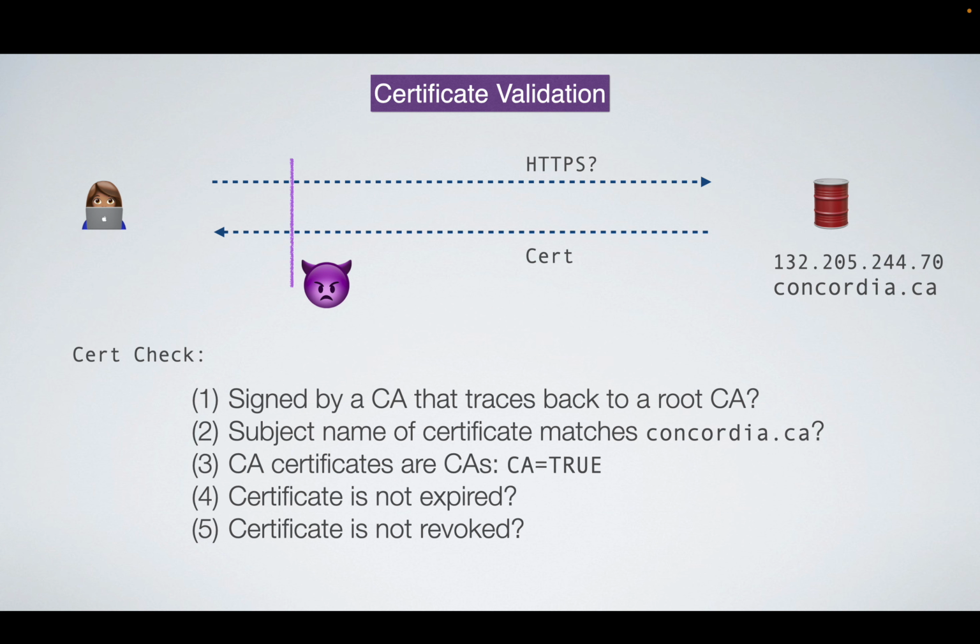And the last thing is, what happens if someone breaks into your server and steals your key? Now they control your certificate. What do you do? You're Concordia. You wake up one day and you check your server logs and you see that somehow someone was able to use an exploit. They dumped the contents of your computer and they now have your key.